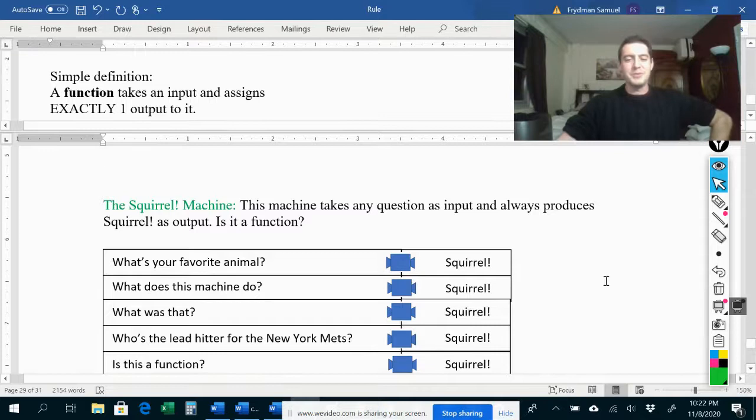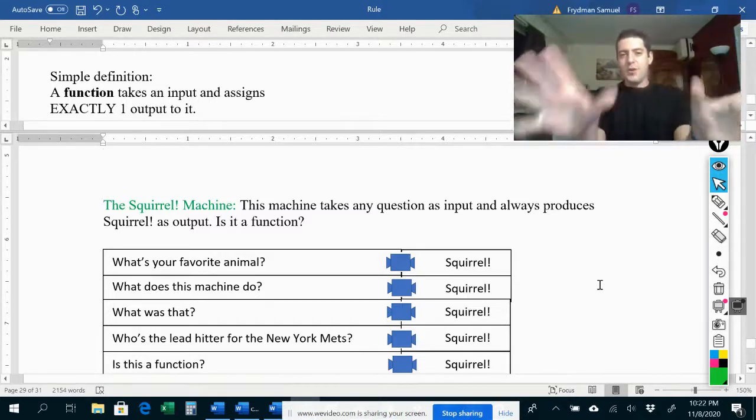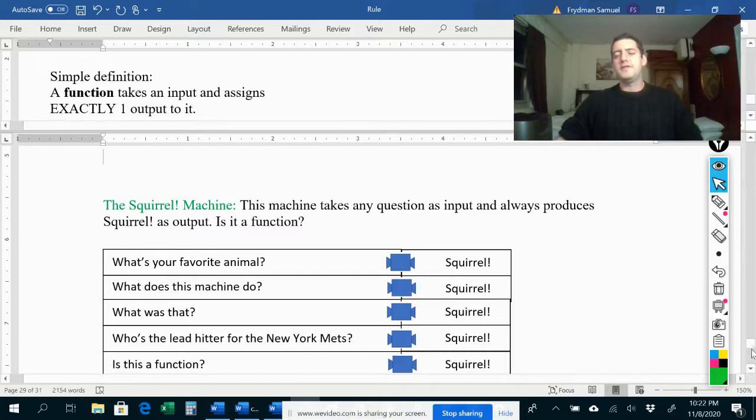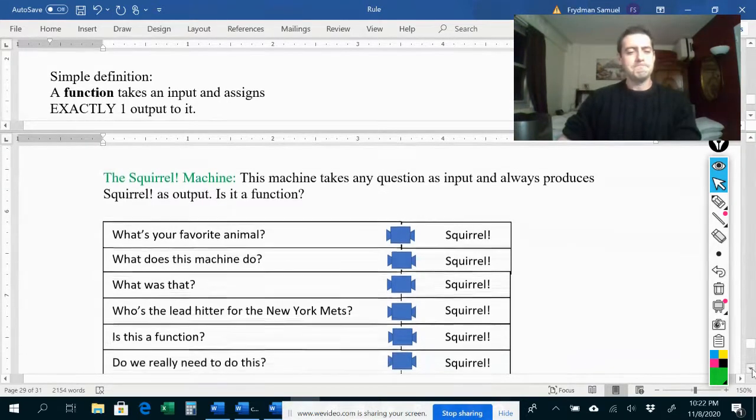Oh, I'm just having too much fun with this. But you know what? I'm not sure that you guys at home are really getting the idea of what's going on in this machine. So perhaps a few more examples would be illustrative here.